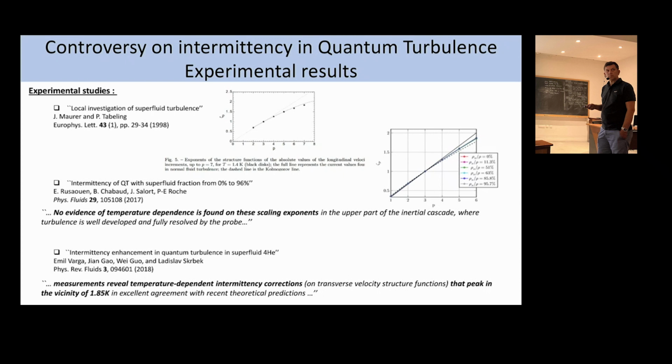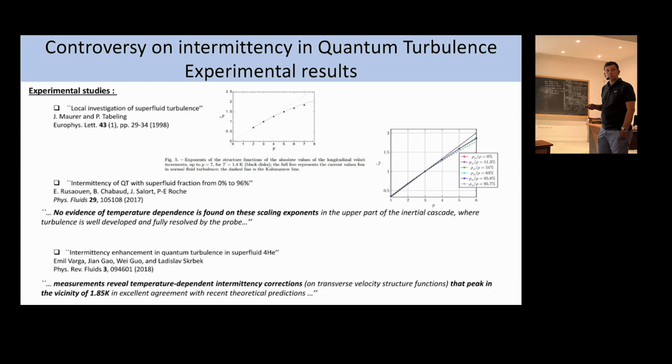And more recently, an investigation of intermittency has been done for several temperatures in Grenoble, and they measured again the scaling exponents of the structure functions, and they found that for all the temperatures, they coincide with the scaling exponents of classical turbulence.